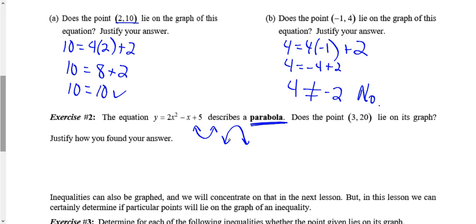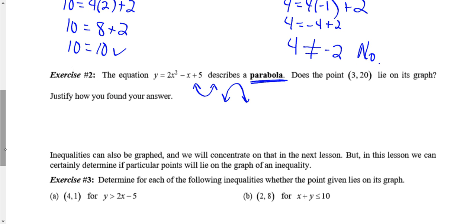So let's plug it in here. The y gets replaced with 20, so 20 needs to equal 2 times 3 squared minus 3 plus 5. Now, of course, we do the 2 times 3 first, right? Oh, what do we do first?